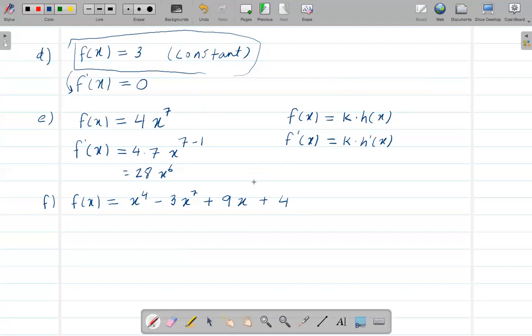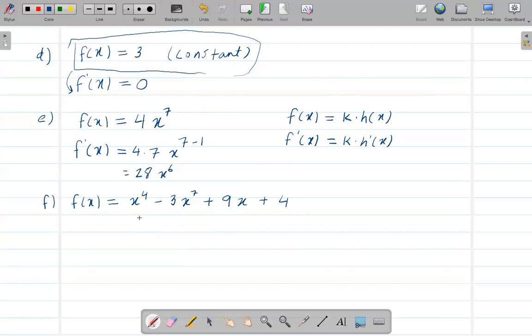Now I want to take the derivative of this whole thing. So now I have this minus this, now plus. I have like 4 terms here, right?